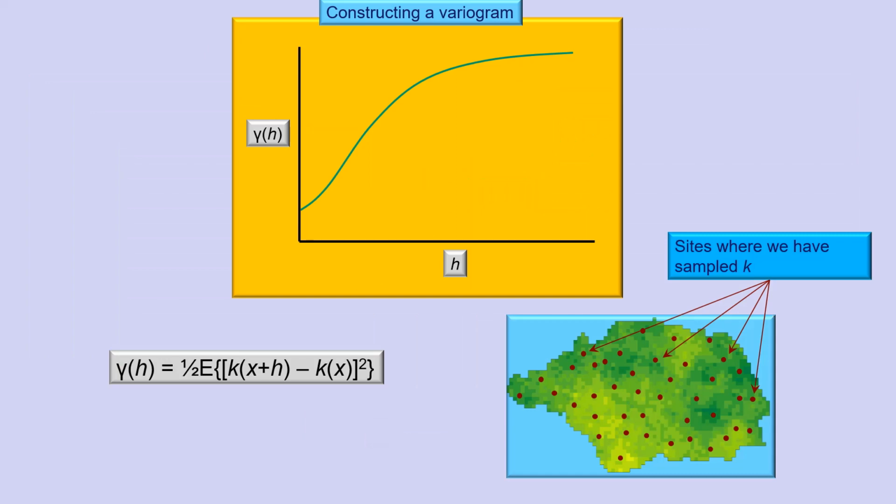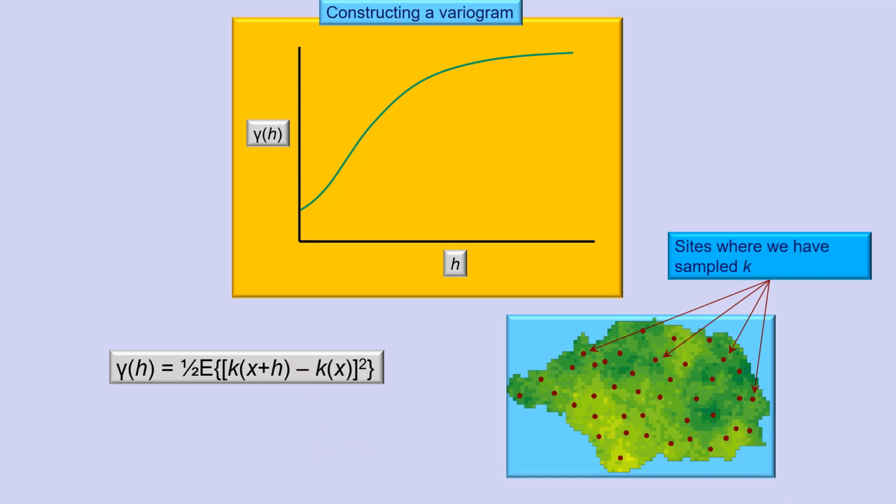Okay, so the next question is, how do we come up with a variogram in a real-world situation? Well, let's pretend that we have a lot of sample sites. Then we have the ability, in theory, to build a variogram, and building that variogram immediately springs from its definition.